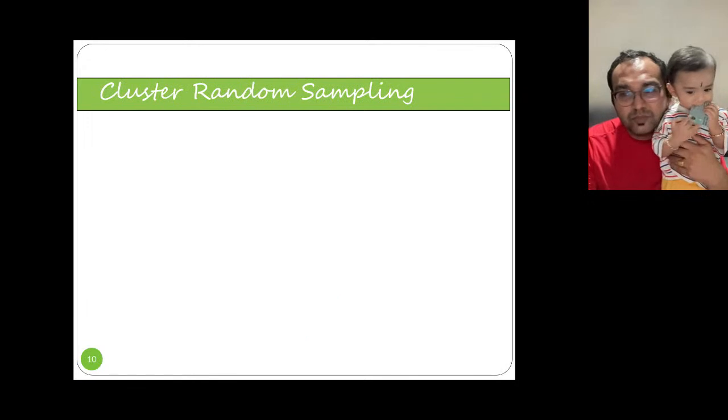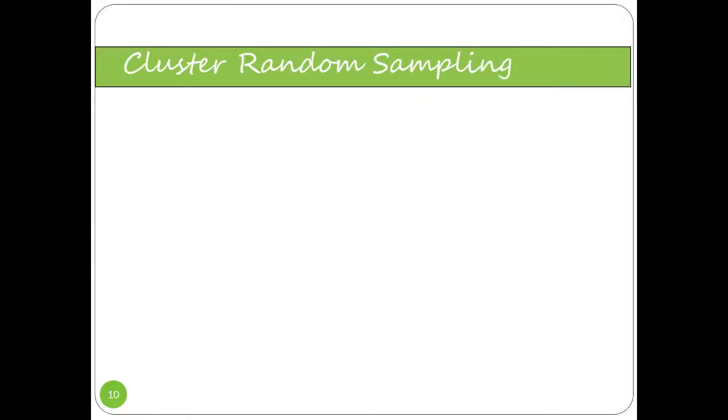Next, a matter of interest is cluster random sampling. So when we already have stratified random sampling, simple and systematic, what is the point of having cluster random sampling? When you do a study, you deal with different types of population.